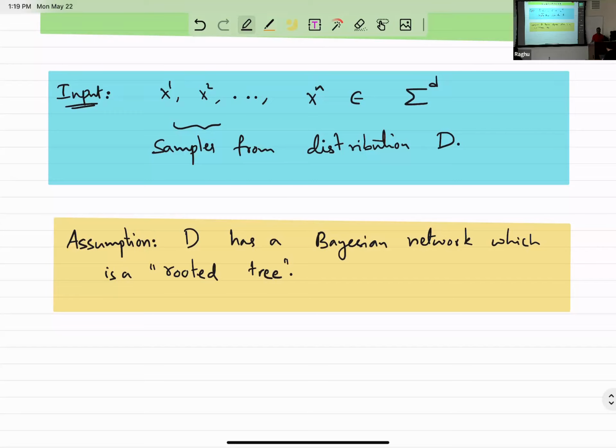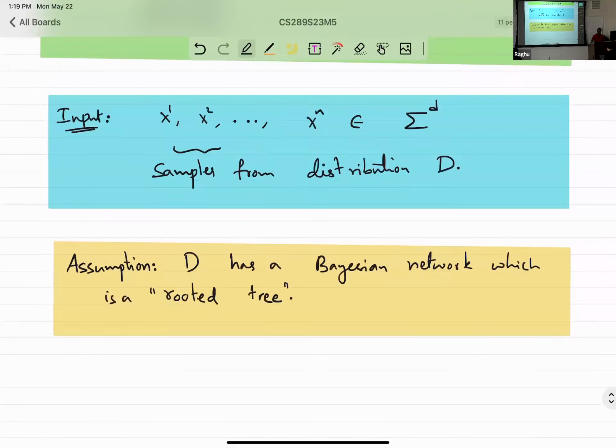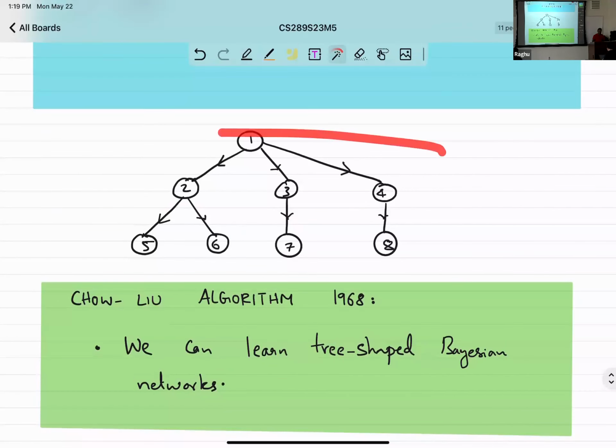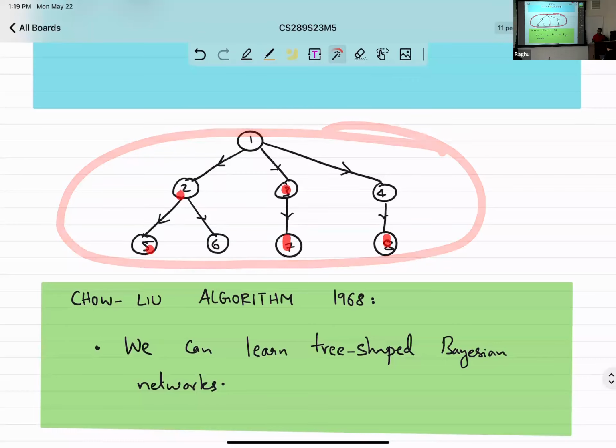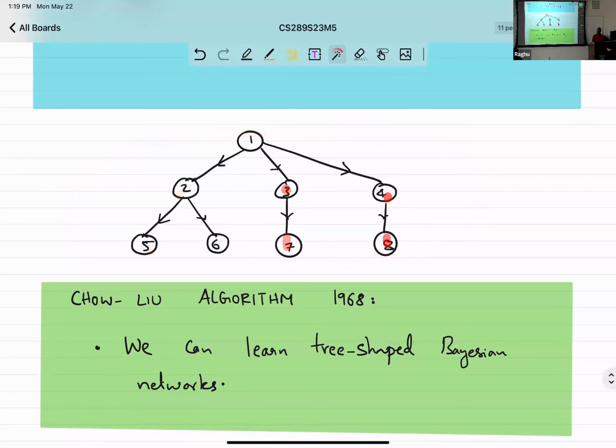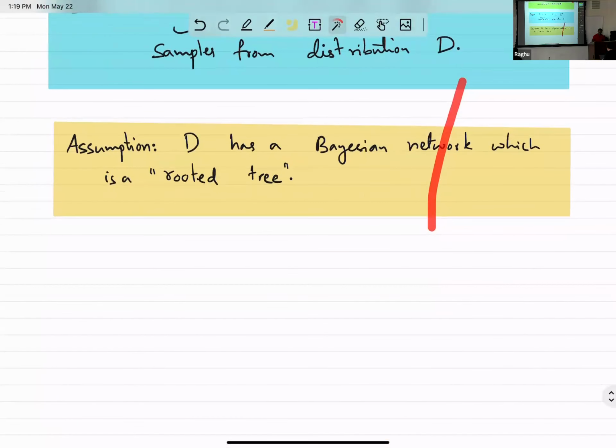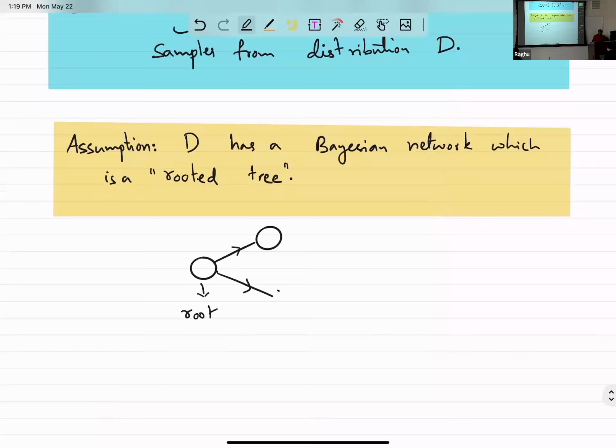Rooted tree just means that each node has a single parent. It's just a fancy name for saying each node has a single parent. There is some root which has no parent, and every other node has at most one parent.